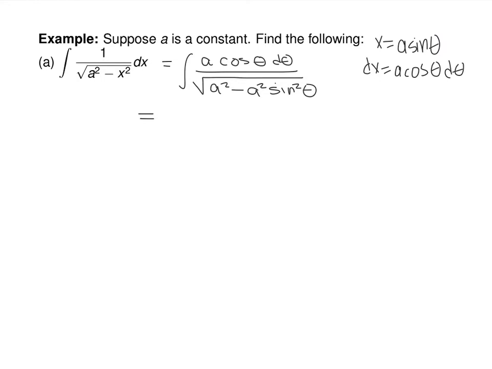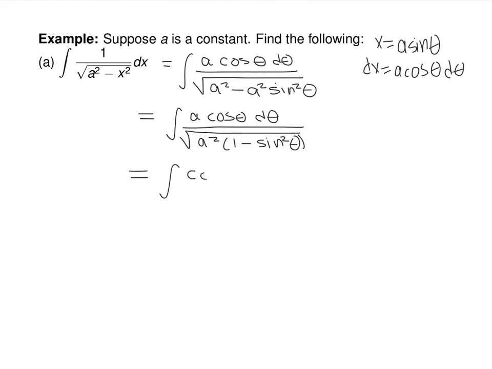Now factor out that a squared, so a cosine theta d theta over root a squared times 1 minus sine squared theta. And that a squared, when you root it, becomes just a, which cancels with the other a in the numerator, so those a's are gone.